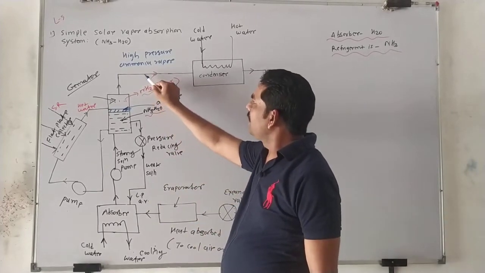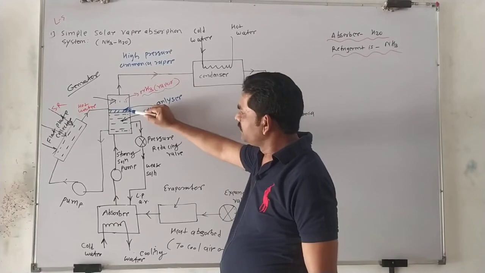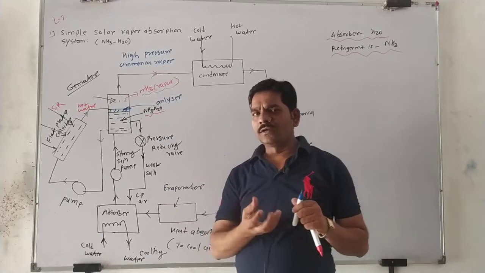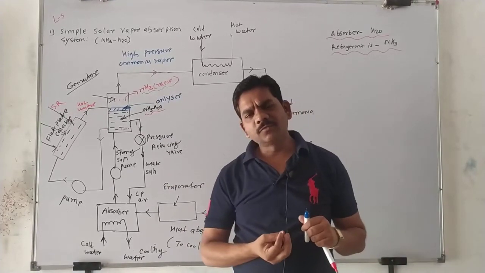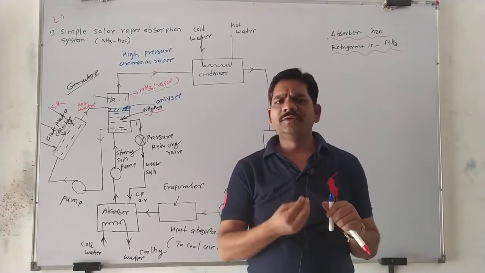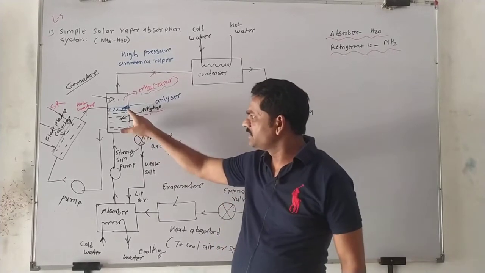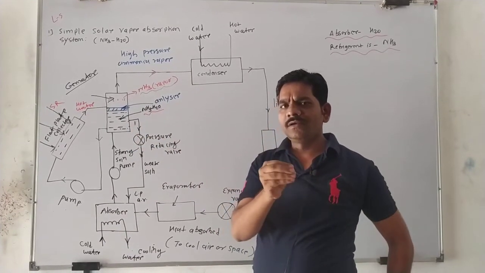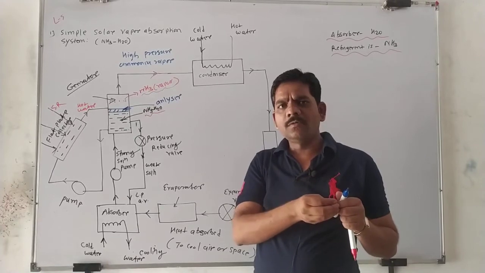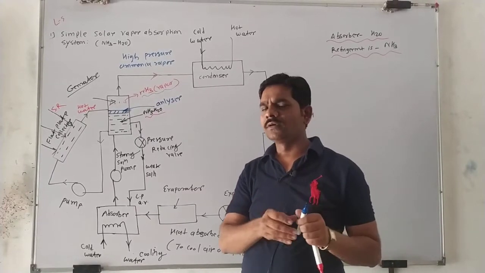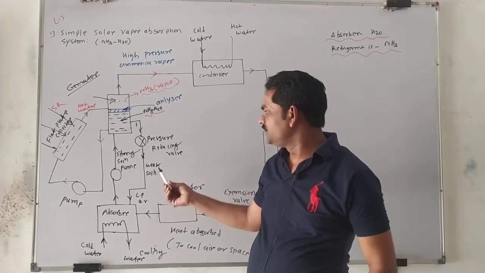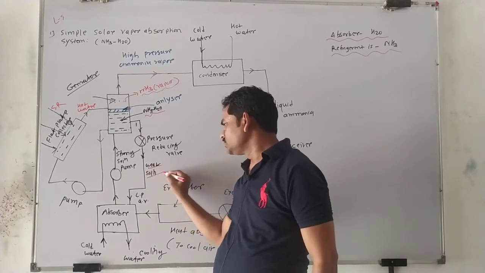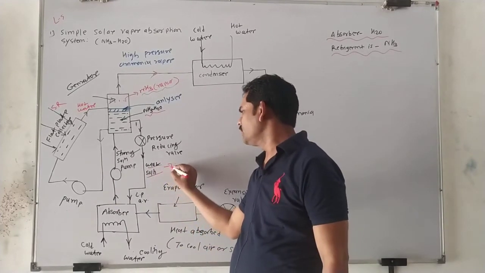So this high pressure ammonia passes into the condenser. The analyzer stops the circulation of water vapor flow. Along with this water vapor, some ammonia is also associated, so this is removed by the analyzer. The water vapor with a small amount of ammonia mixture is called the weak solution. Weak solution means less ammonia will be there.